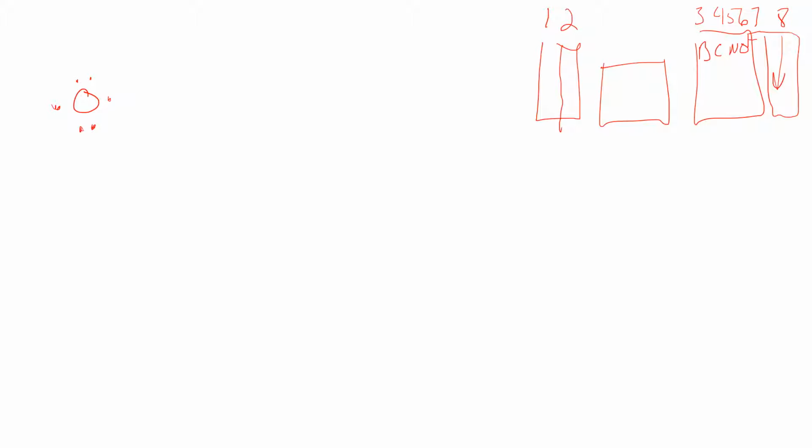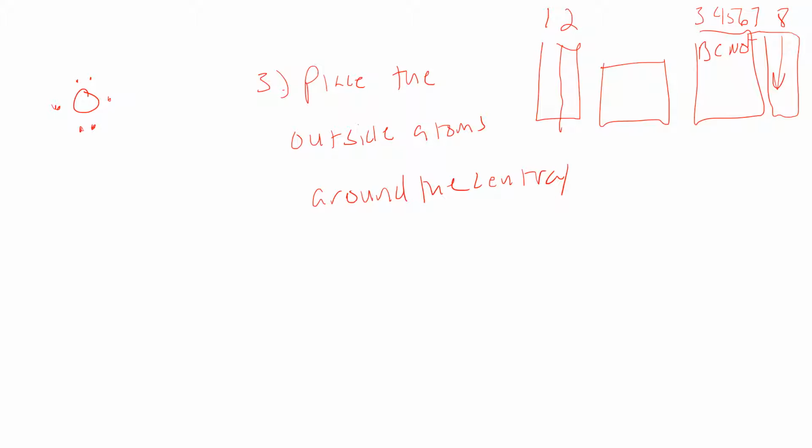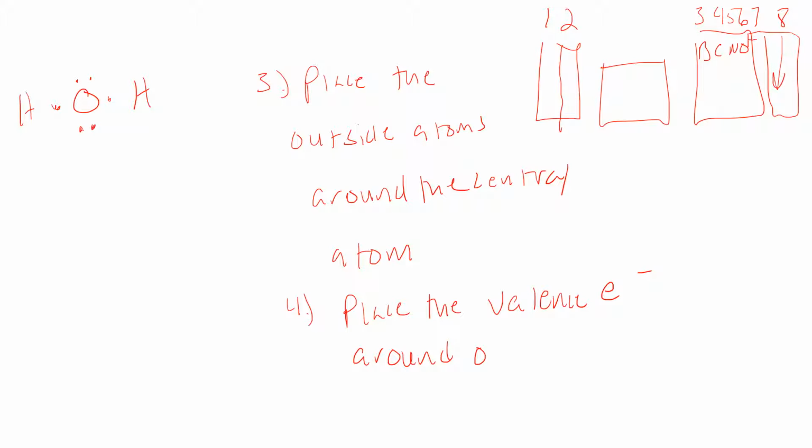Then on the rules, which I guess is number 3, place the outside atoms around the central atom. Then place the valence electrons around the outside atoms.